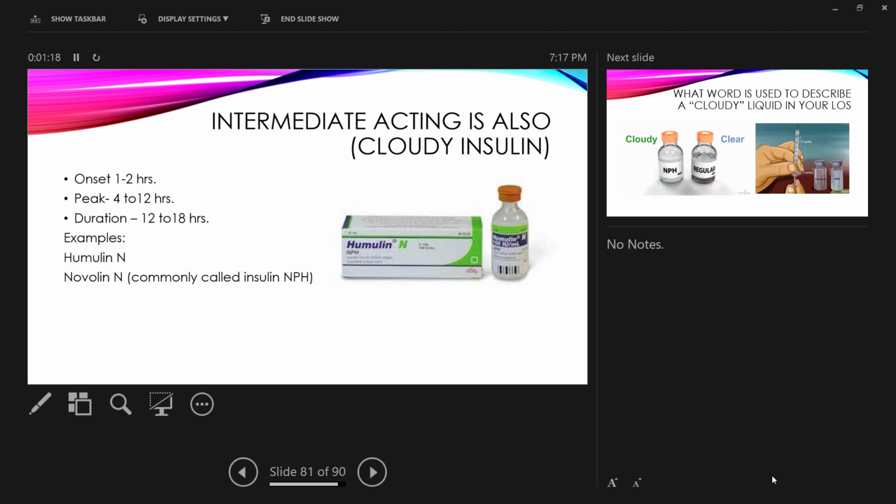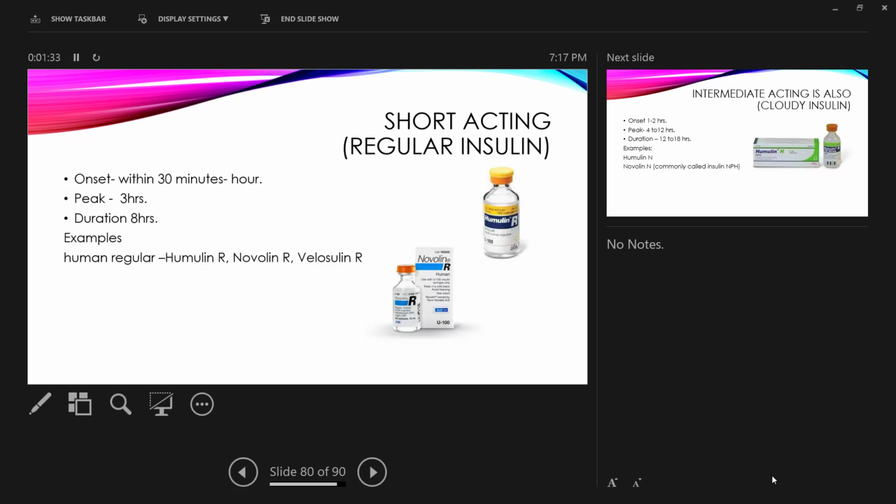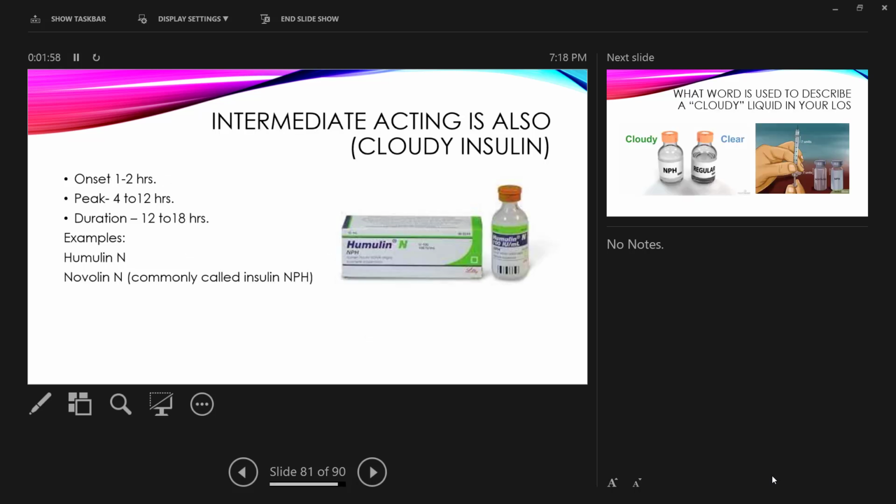Now, you heard me mention that if there's an R or an N behind them, you should mention that and not leave it out. Now, here's a really good example of how things can become confusing. You see that Novolin R is a type of short-acting regular insulin, whereas Novolin N is an intermediate-acting.